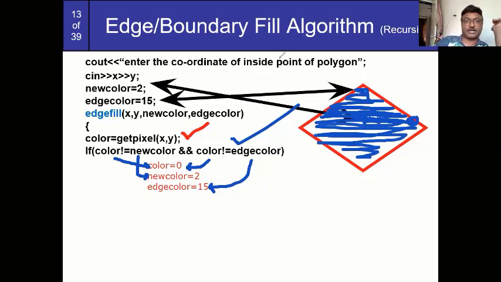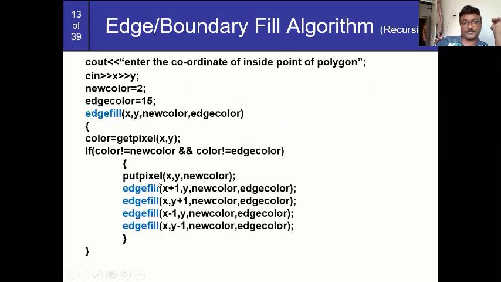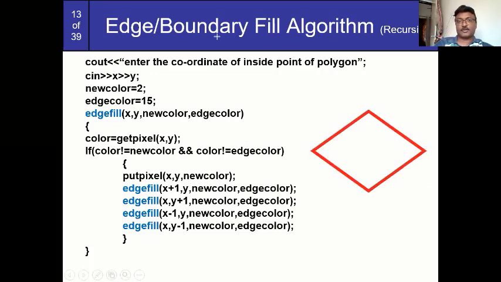Just start with your opening curly bracket, put pixel x, y, new color. Whenever I am going to fill, at that time you have to call put pixel. The put pixel will put the pixel with the new color.